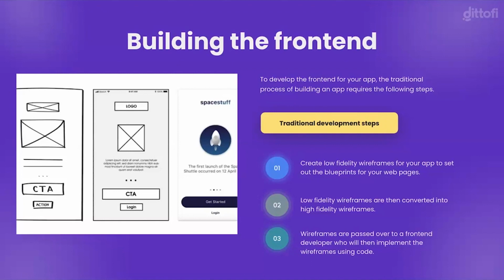After you've worked out the general flow of your application using these very high level designs, we then move over to high fidelity wireframes. These are the ones that have proper styling attached to them, and actually start to look like an application. And then people will take those wireframes and use a front-end developer to convert these into code. So these are the traditional 3 steps.